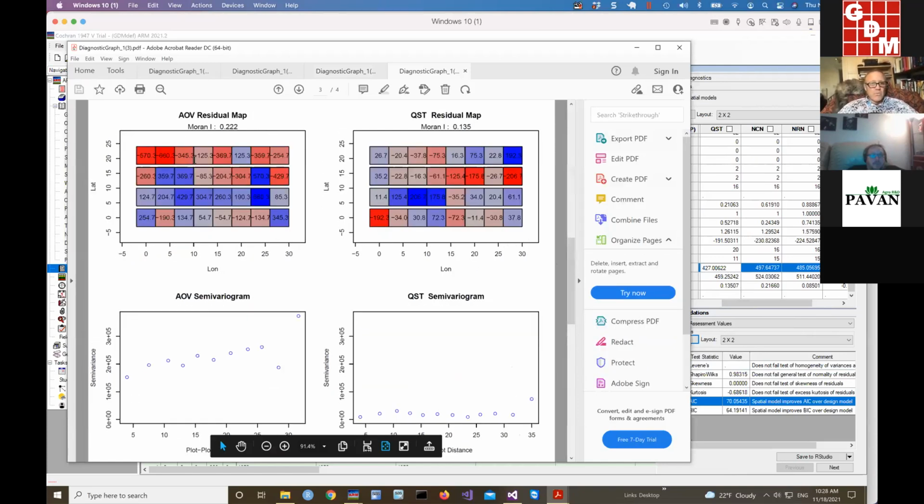So here we go to a smaller Moran's I, and we see that there is less dependency or less correlation among the supposedly independent experimental units. It doesn't get rid of all of the correlation structure, but it does improve upon the assumption of independence among our experimental units.